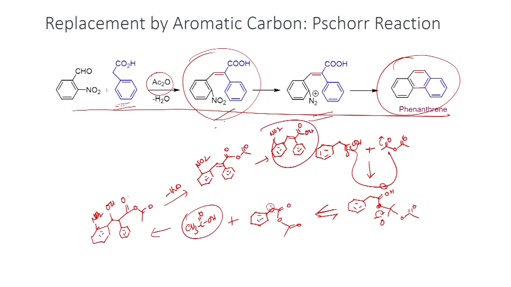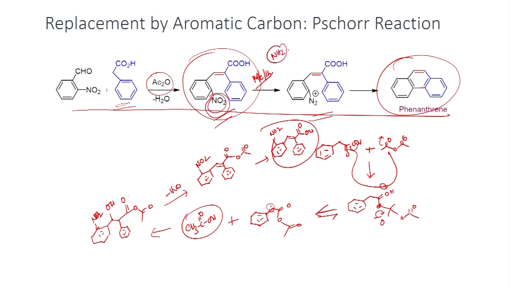Once you form this one, you can try to reduce the nitro group. As we have seen earlier, you can use a variety of methods, for example tin and HCl, to reduce the nitro group to the NH2 group.